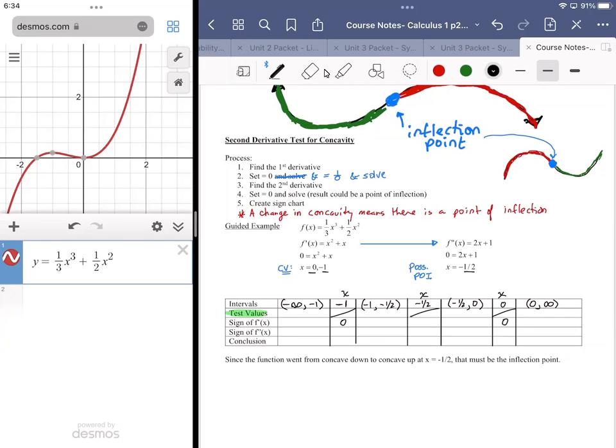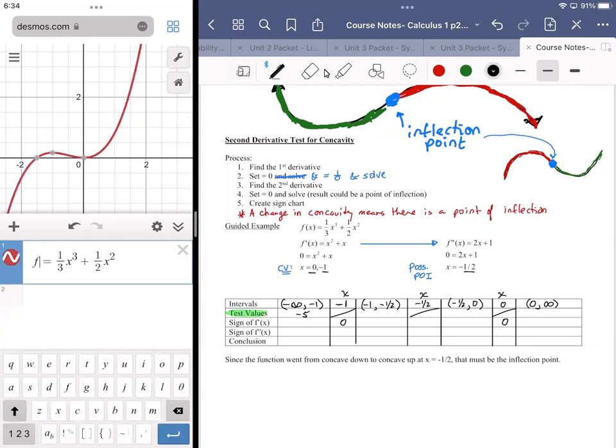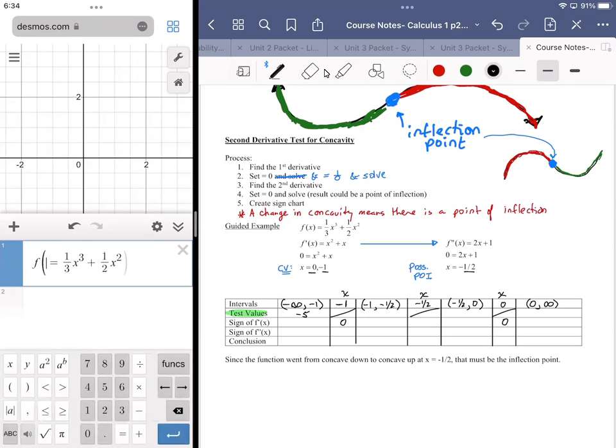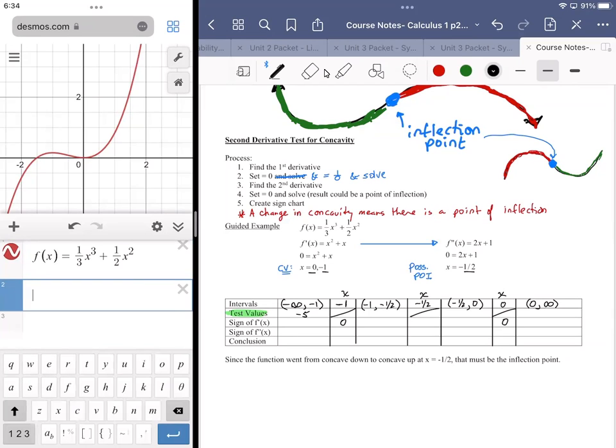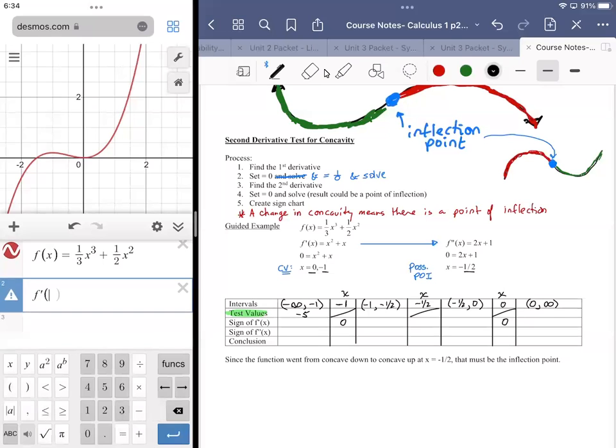So let's say, for example, I wanted to test a number like -5. I can do anything I want as long as it's in the interval of -infinity to -1. All right. So I'm going to make this f of x so that I can use Desmos to tell me what the derivative would be at -5, which would be 20. That's a positive number.